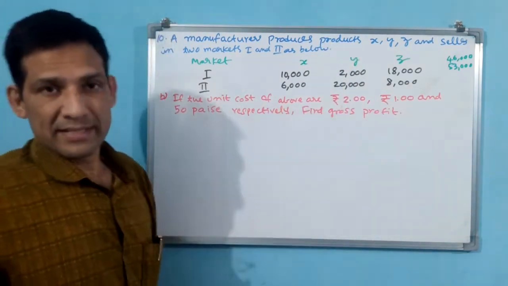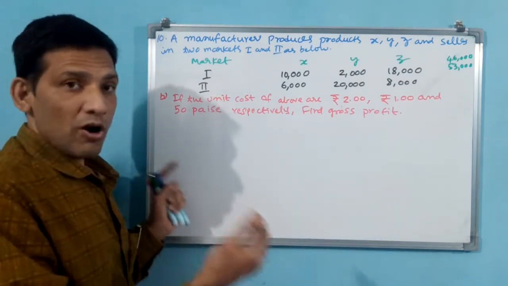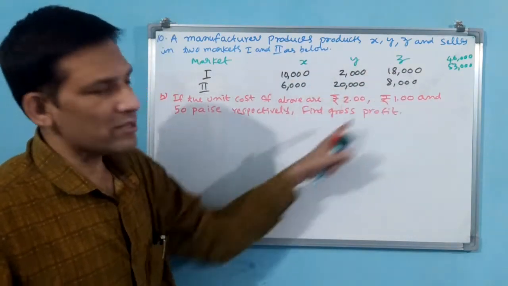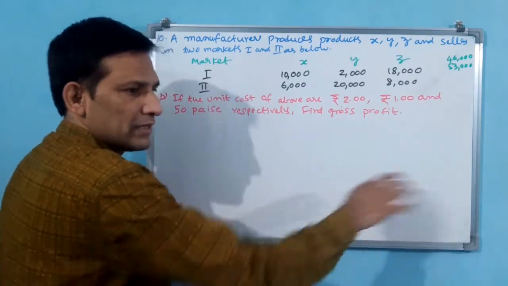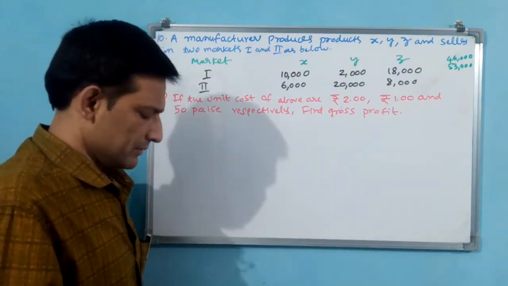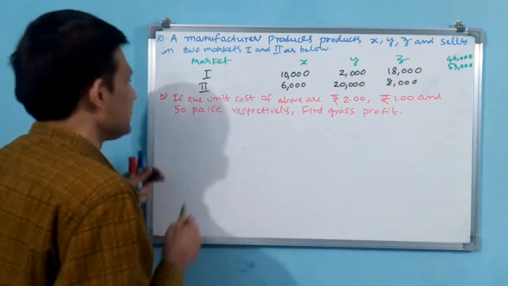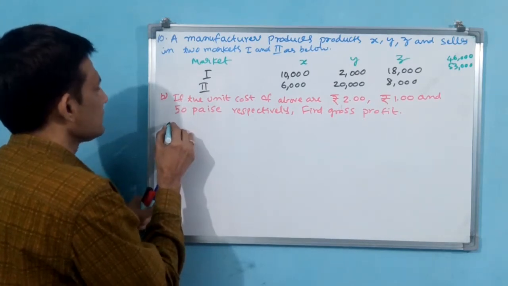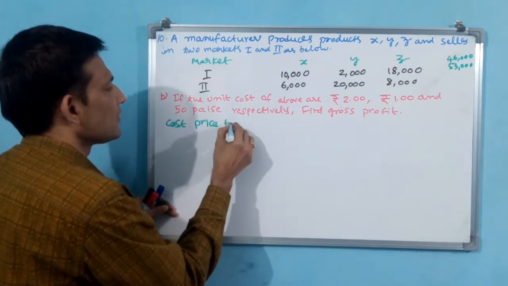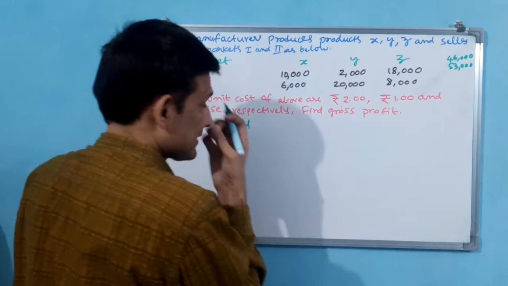Okay, let us do it. Now the unit price is given, and we can calculate the cost price of the products. Cost price means the same matrix, and you calculate the cost price total.